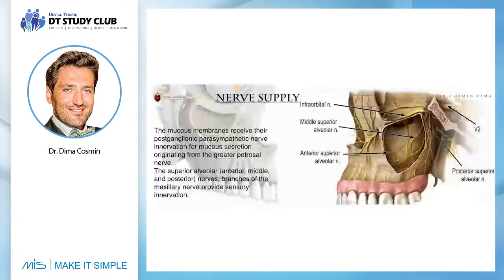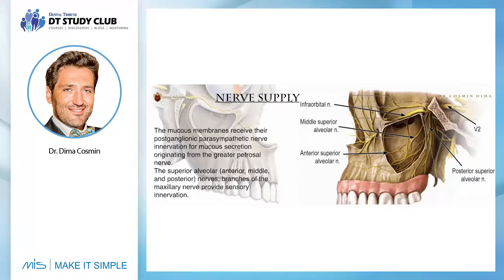Let's talk about the nerve supply. The nerve supply is coming from the maxillary nerve, and we have three branches of the superior alveolar nerve: posterior, anterior, and middle. But we also have to know the infraorbital nerve, because sometimes when we need to perform the external sinus lifting, the upper jaw is not so high, and the distance between the crest and the infraorbital nerve is not like in this picture.